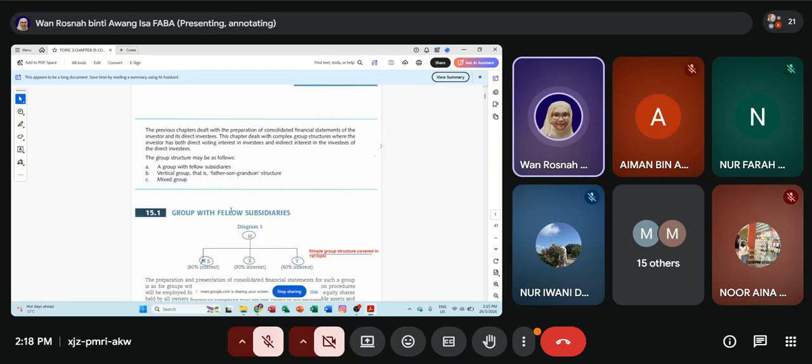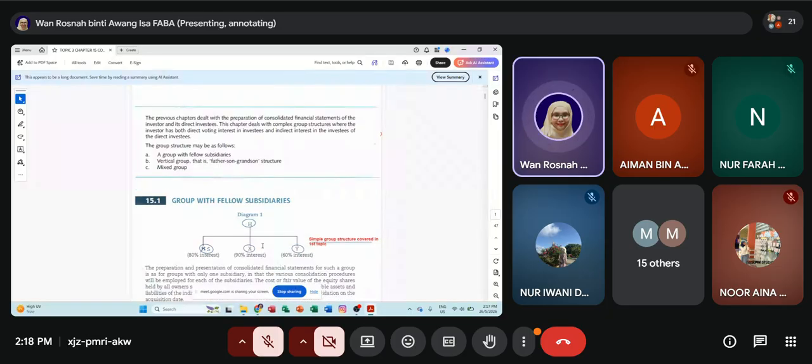So if H acquires 80% interest, the investment in S, S becomes a subsidiary of H. Quite similar if holding has another interest in X, for example 90%, so X also becomes a subsidiary of H. Likewise, this holding company acquires 60% interest in Y, so Y also becomes a subsidiary of the holding company.